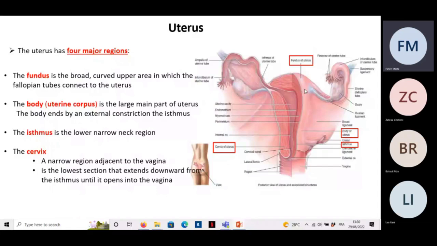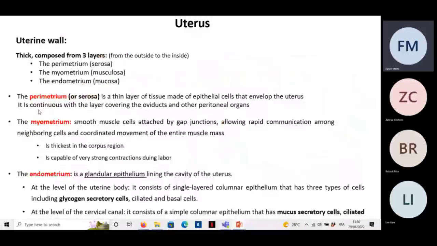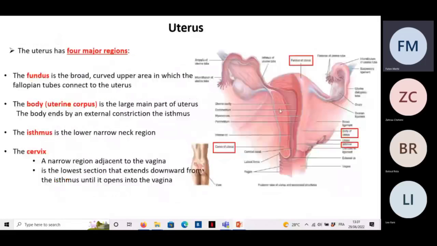It is continuous with the layer covering the oviducts and other peritoneal organs. Next is the myometrium, or the musculosa, and it will contract during labor. We will also have some muscular contractions during menstruation.